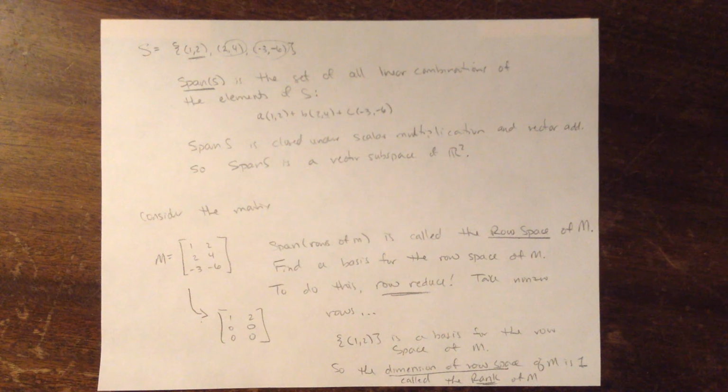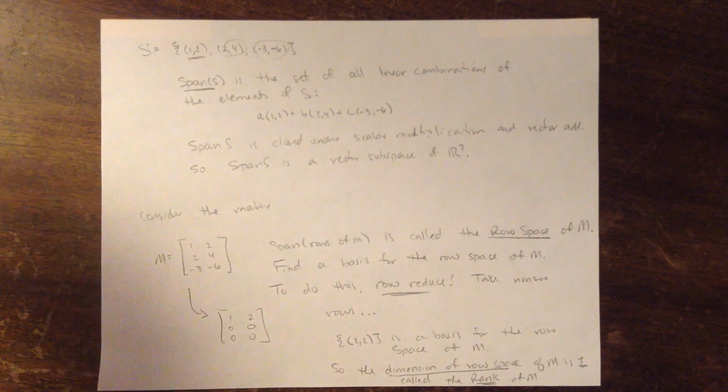You want to find a basis for the row space, you row reduce, and you take the non-zero rows, and those vectors will build your basis. And then the dimension of the row space is called the rank, and you can get the dimension of the row space by looking at how many vectors are in the basis for the row space.